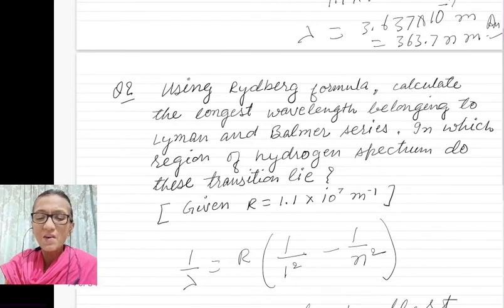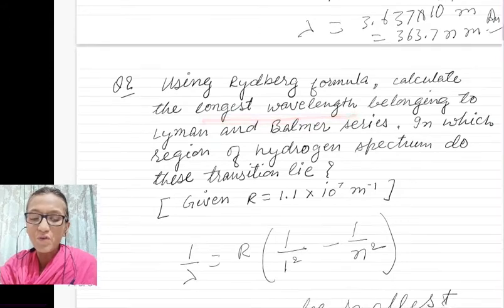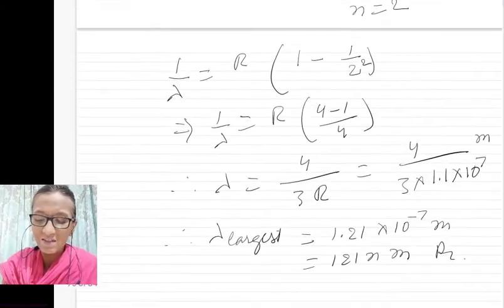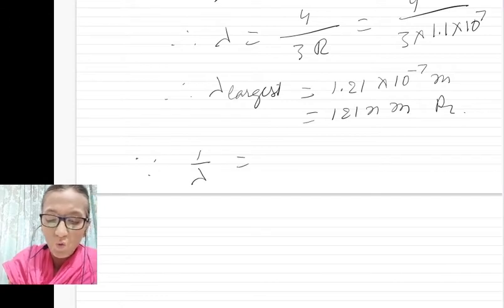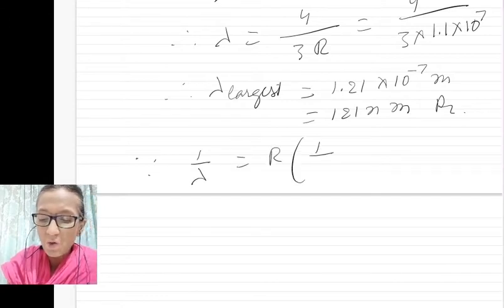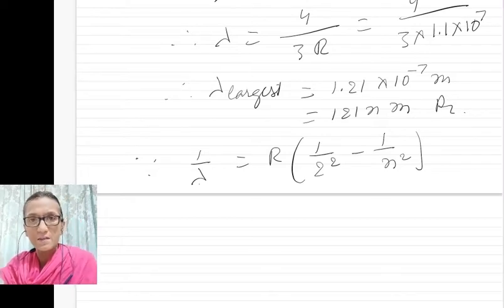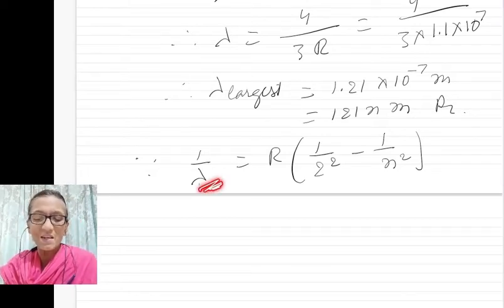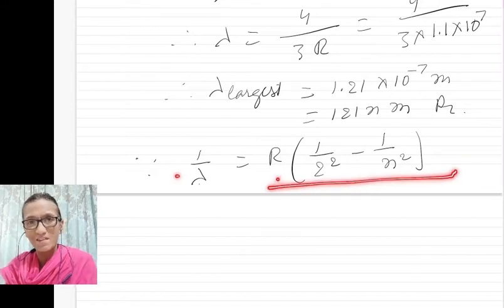Similarly, you can find for the second series also, for Balmer series also, and you have to calculate longest wavelength. So let us start doing. Since 1 upon lambda is equal to R into, for Balmer series, 1 upon 2 square minus 1 upon n square, and for lambda to be largest, the whole value should be smallest.